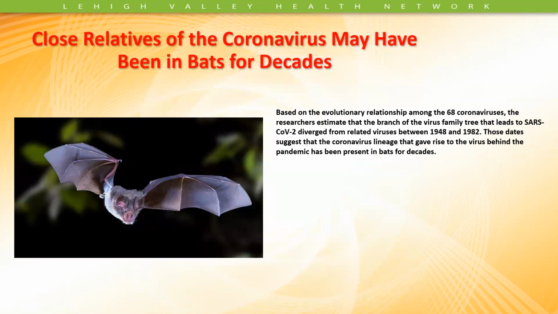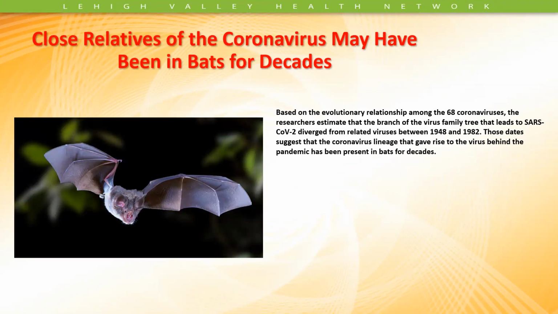Now, I just want to end with this type of thing here about where this came from. All right. So we do know that coronaviruses have been living in bats for decades. And one would argue the point that we've had coronaviruses in common colds and stuff like that.